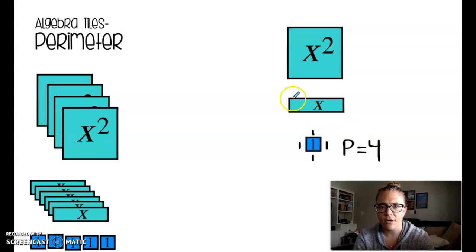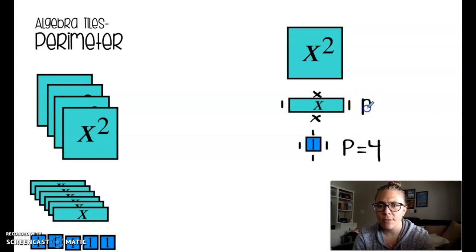If we find the perimeter of our x tile, we know that the height is 1, just like this tile here. This length right here is unknown, so we call that side x. The height over here would also be 1, and then the opposite side here would also be unknown, so x.